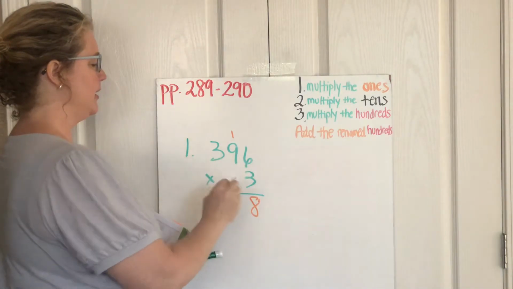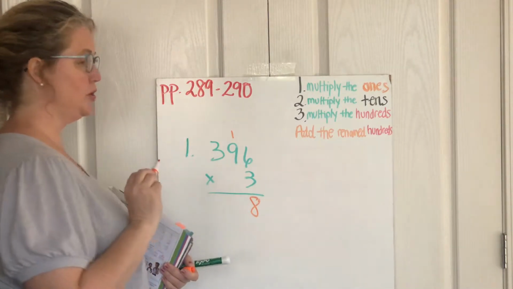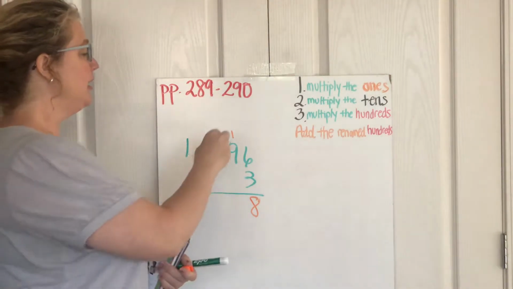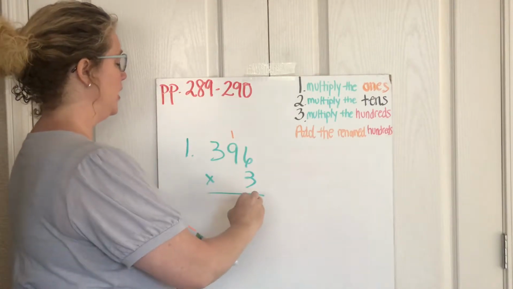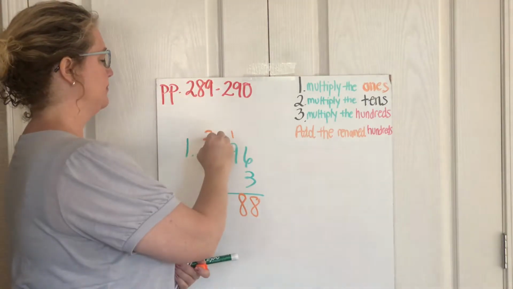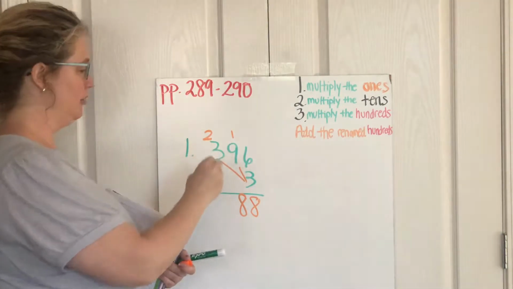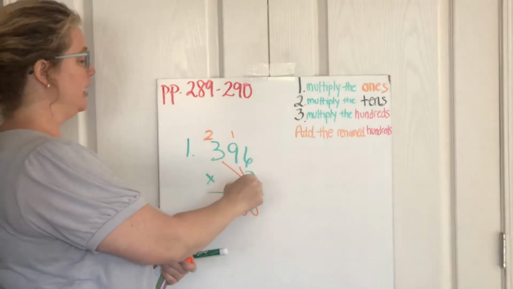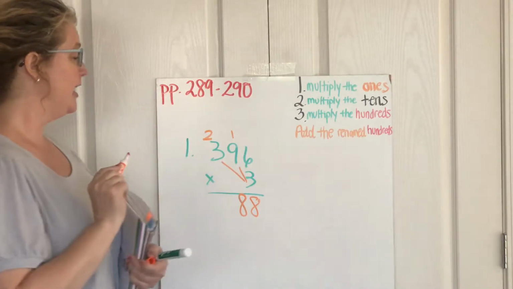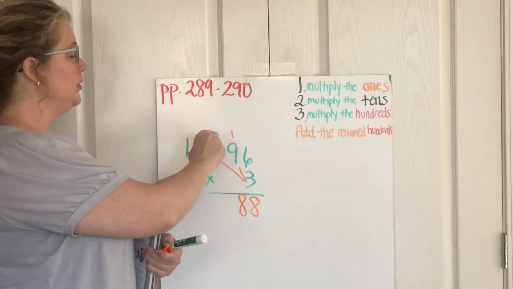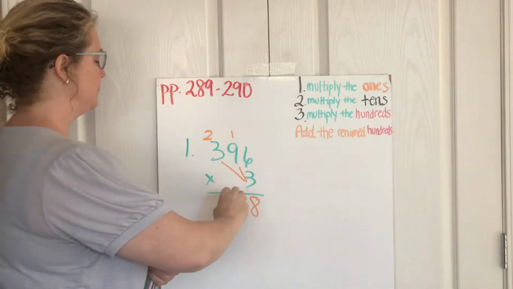Multiply the tens. 3 times 9 is 27, plus 1, 28. You don't have to do this, this is just to help you track. Third step, multiply the hundreds. 3 times 3 is 9, plus 2, 10, 11.